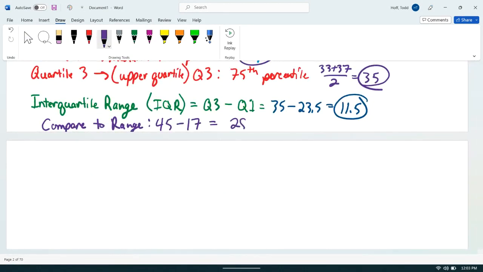It should be 28. So we have an interquartile range of 11.5 and a full range of 28. So the interquartile range contains the center half of the data.